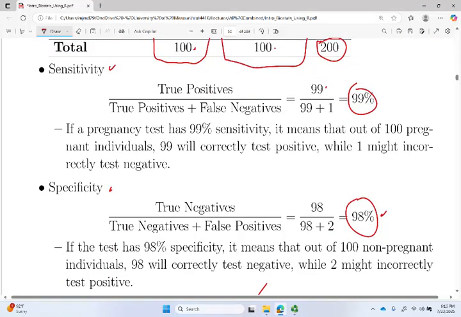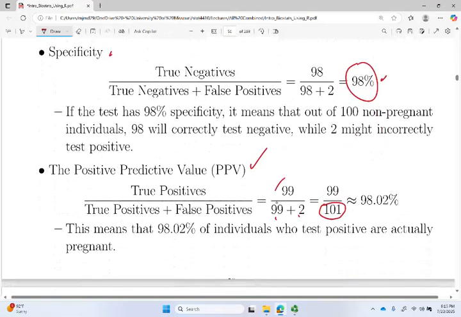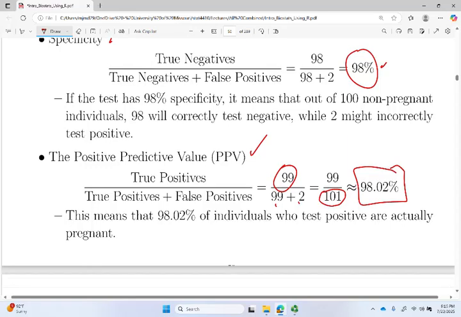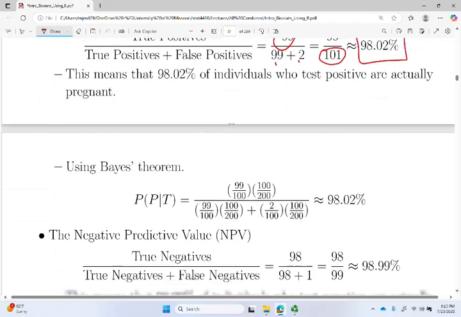This is the number that were actually pregnant, so 99. So the positive predictive value is 98%. So if you have a positive pregnancy test, then there's a 98% probability that you're actually pregnant.